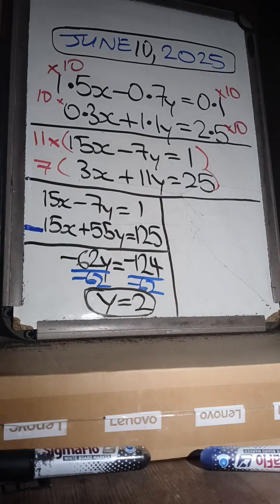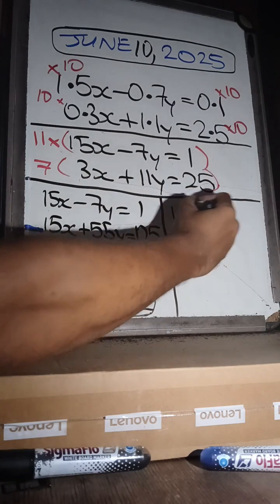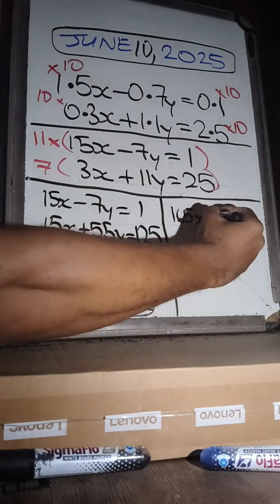So 150 plus 15 is 165. So you have 165x. Then what else? Oh, minus 77y.